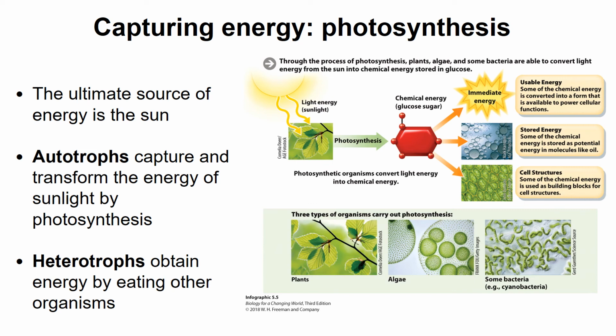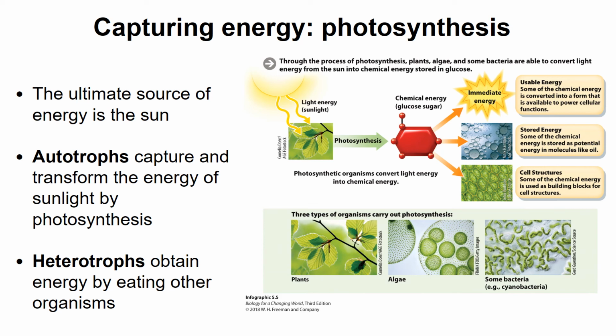So autotrophs are organisms that capture the energy from the sun in order to do photosynthesis, in order to produce their own food. Autotrophs are basically organisms that can produce their own food, and some of them actually use the energy from the sun in order to do photosynthesis.